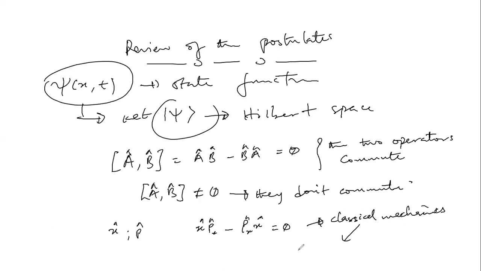So what did we now make mention of? Now, in quantum mechanics, we were able to show that the product operator, the momentum operator and the position operator, operating on the state function is the same.